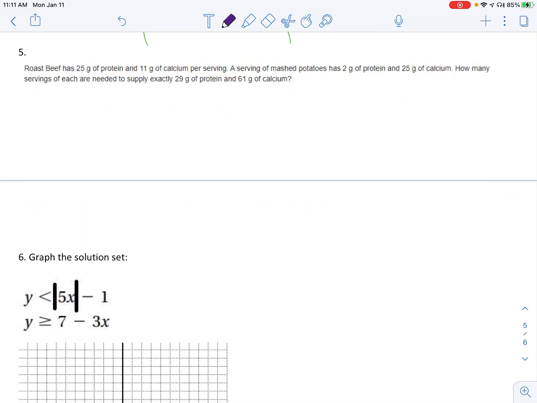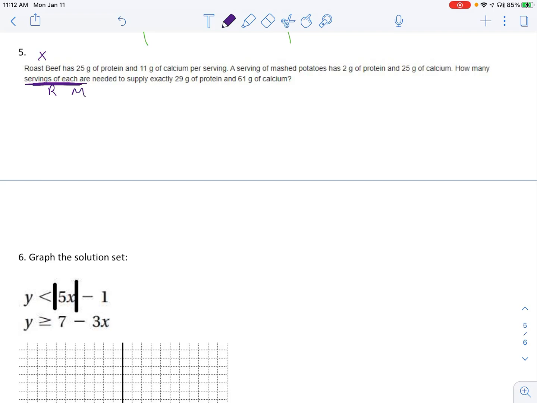Okay, number 5. I've got 10 minutes in my next class. I can do this. Roast beef has 25 grams of protein and 11 grams of calcium per serving. A serving of mashed potatoes has 2 grams of protein and 25 grams of calcium. How many servings of each are needed to supply exactly a total of 29 grams of protein and 61 grams of calcium?